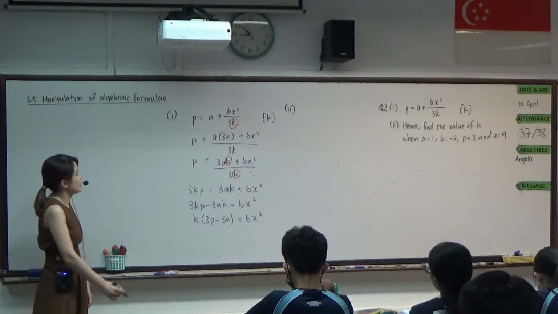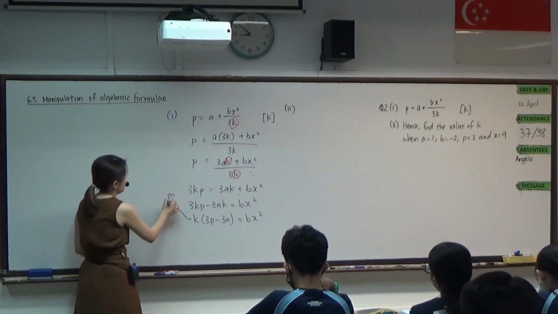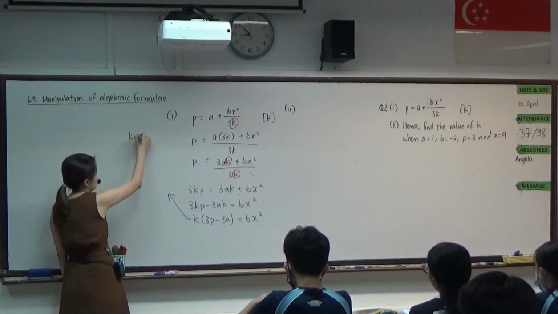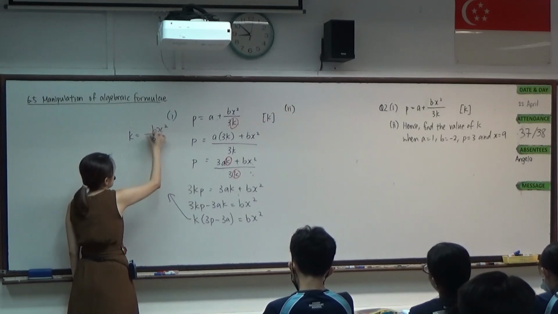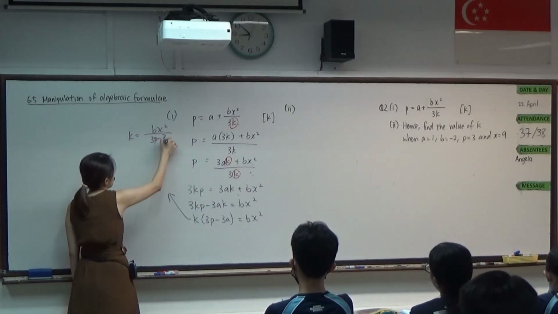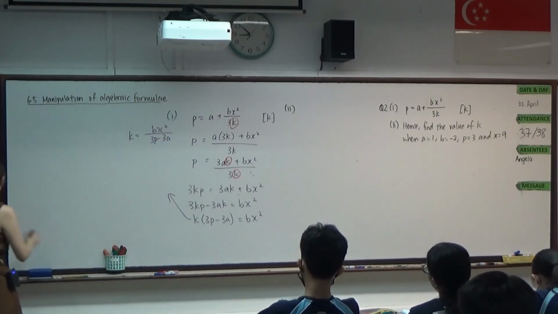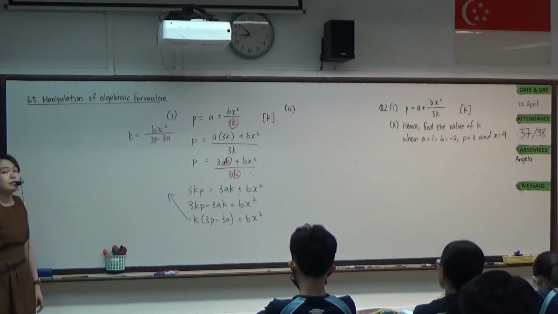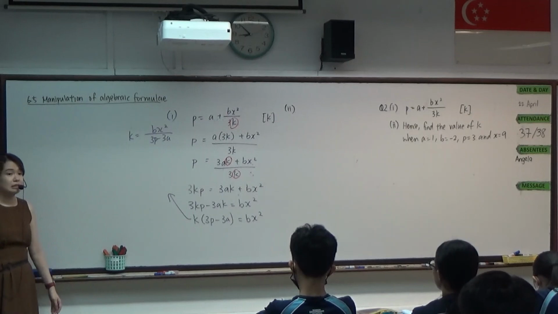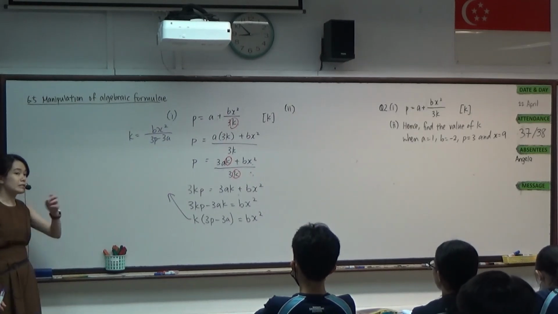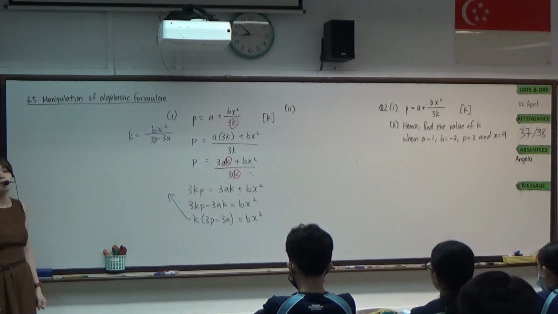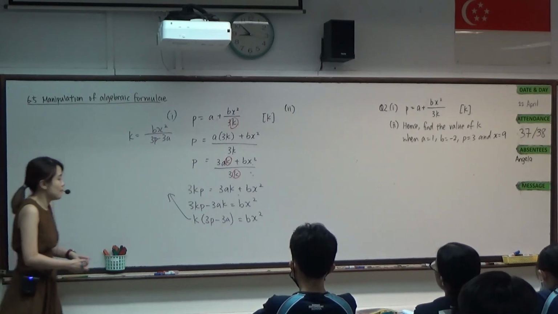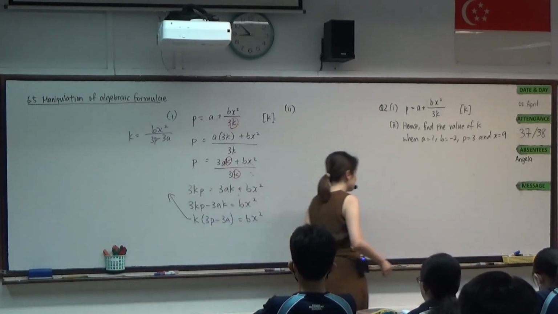And then we will get the answer of K equals to Bx squared over 3P minus 3A. Okay? So it can be solved, right? But you must know how to handle it. But I don't think this is what most people would have done.